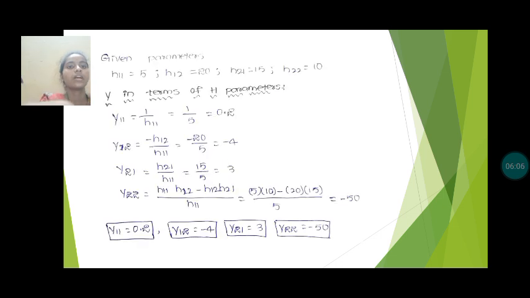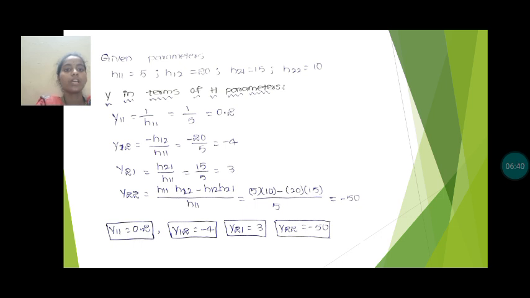Next, the given values are H11 equals 5, H12 equals 20, H21 equals 15, H22 equals 10. Conversion formulas, Y in terms of H parameters. Y11 equals 1 by H11 equals 1 by 5 equals 0.2. Y12 equals minus H12 by H11 equals minus 20 by 5, here the answer is minus 4.